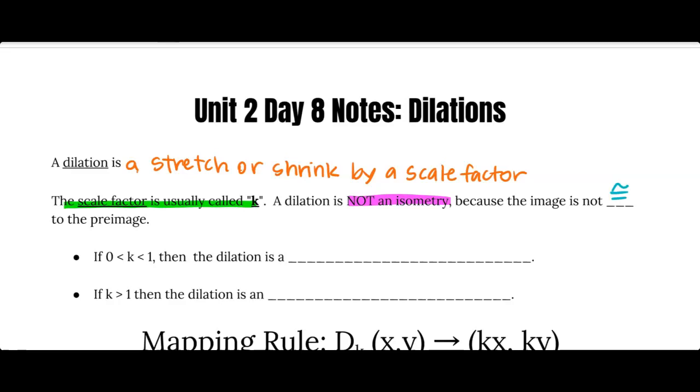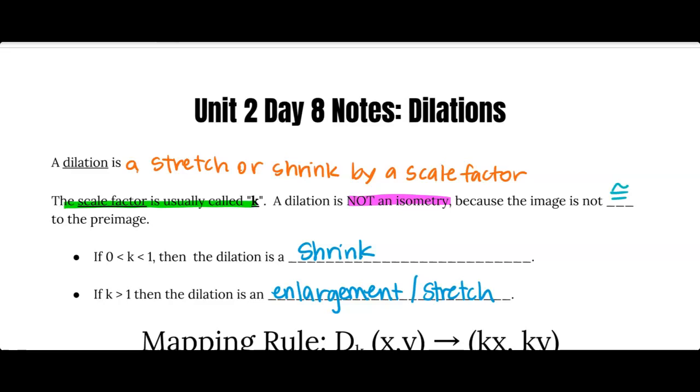And so when K is between 0 and 1, then the dilation is a shrink. So it's going to get smaller. If K is bigger than 1, then the dilation will be an enlargement or a stretch. So it's going to get bigger.